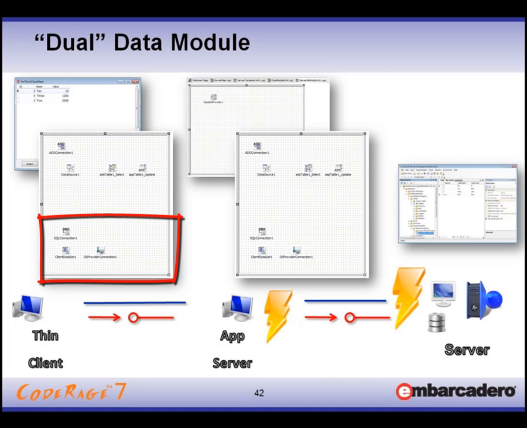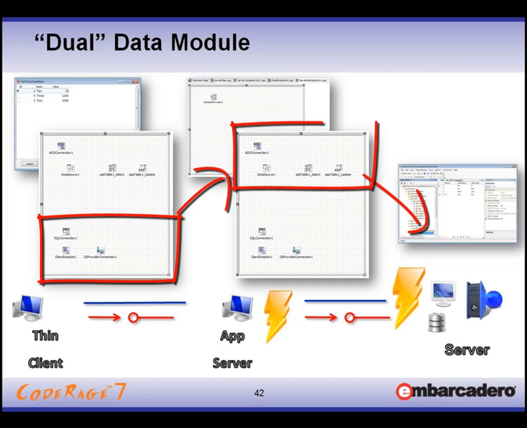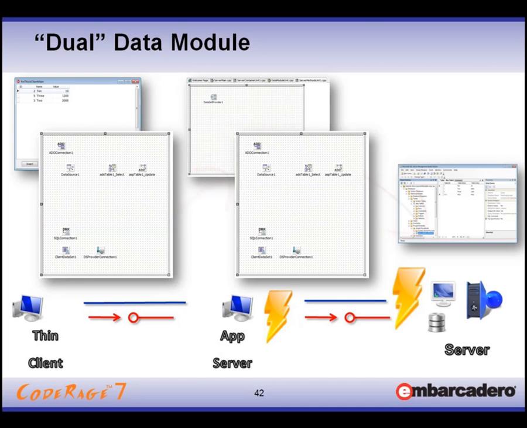After the switch, the thick client was converted into a thin version. So it was connected to the application server, and the application server was up and connected to the database.